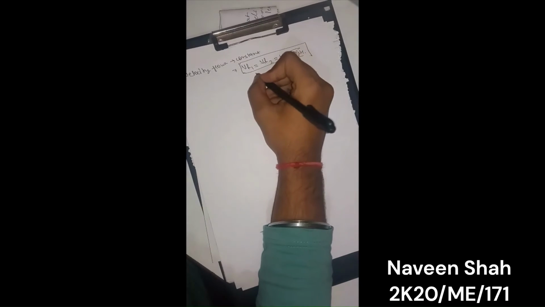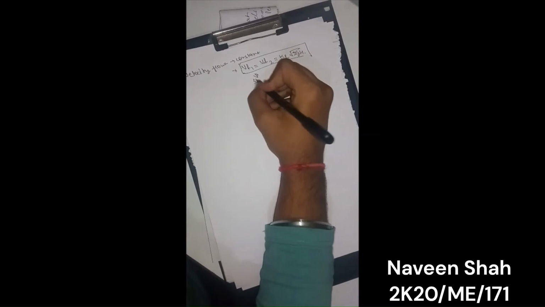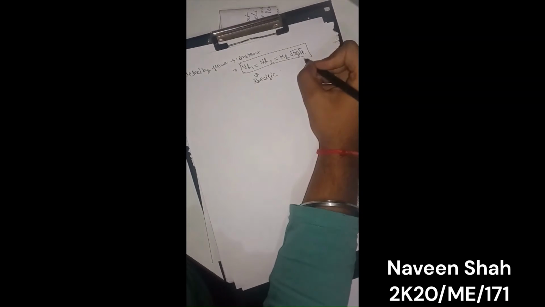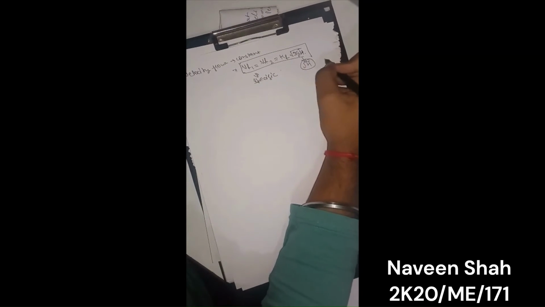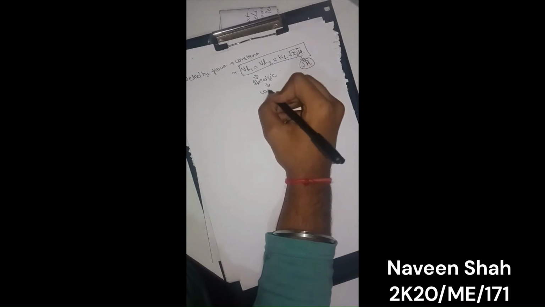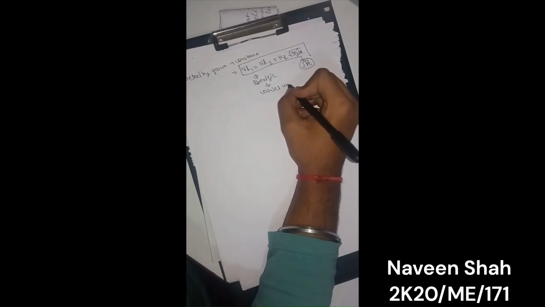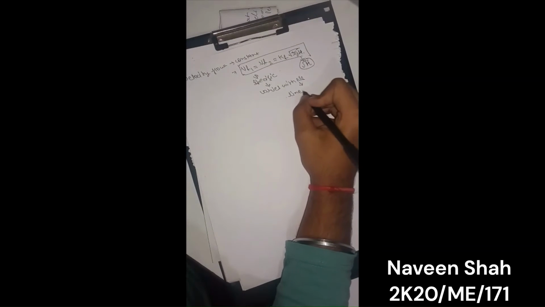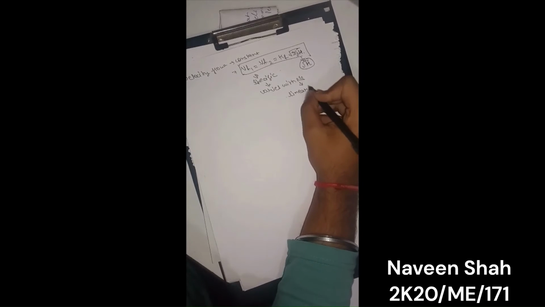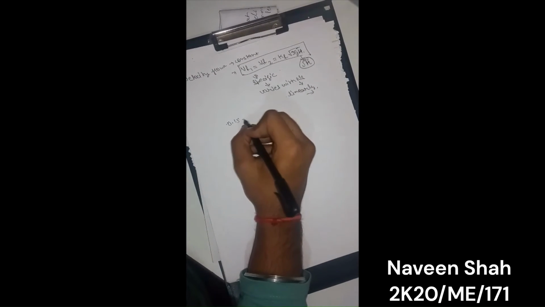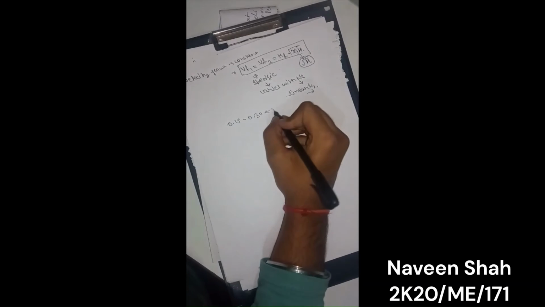It is also a function of specific speed, because root H comes into the picture, so it varies with Ns, but it varies linearly, and its value ranges from 0.15 to 0.30.